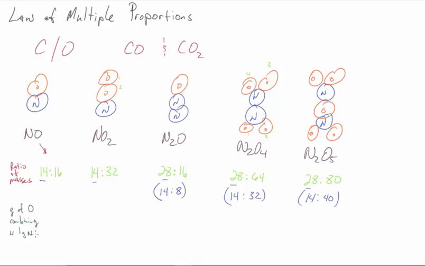And so this goes into the idea of making ratios. I want to compare 2 different numbers to each other, divide them by the same number, right? The ratio stays the same. And so what I'm going to do is go through here and divide each of these by 14. So 14 divided by 14 is 1. 16 divided by 14 is 1.14. 14 divided by 14 for NO2, 1. 32 divided by 14, 2.29.